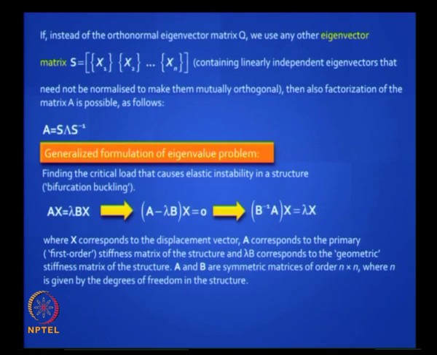Typically x corresponds to the displacement vector, A corresponds to the primary stiffness matrix. So there is a strong relationship between the stiffness matrix and the mode shapes and the eigenvalues, and lambda b corresponds to the geometric stiffness matrix, which is something we will study in module 7.